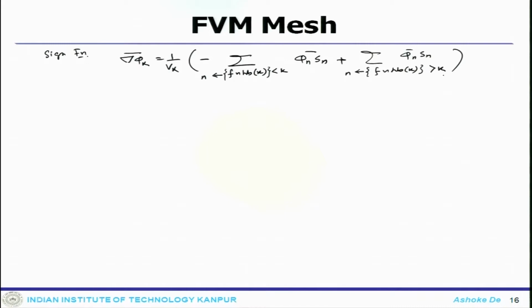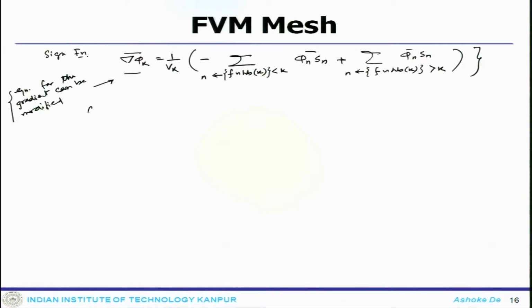So, this is how the equation for the gradient can be modified. Okay. So, this will take care that sign for an individual element when it goes outward or when it comes inward.